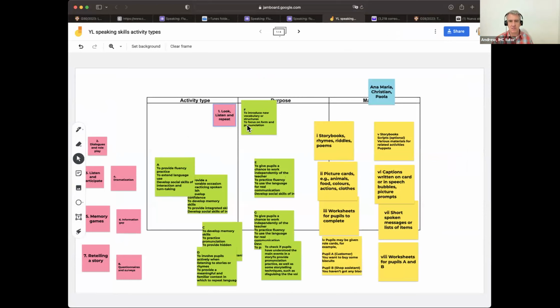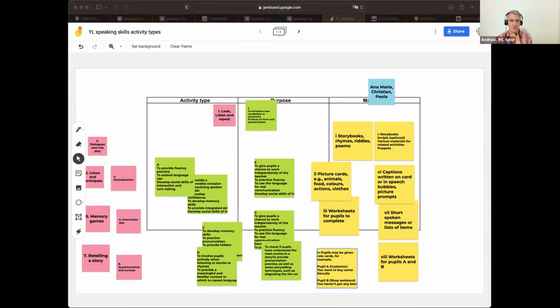Okay, so look, listen, and repeat. We've got to think about, okay, what are the materials for that? What materials would we use? Any ideas? A picture, of course.